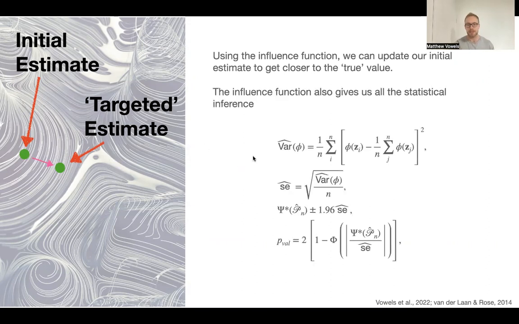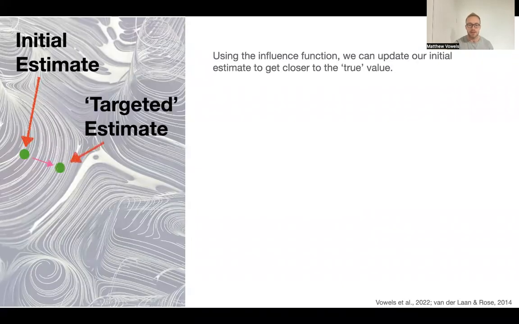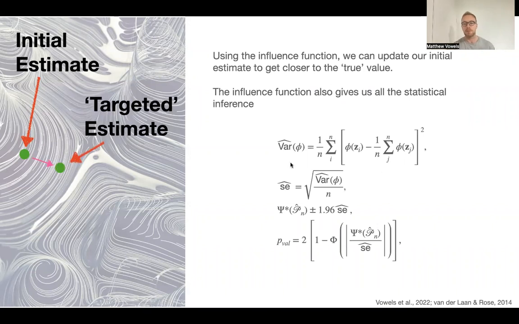And then, as I mentioned before, these quantities here enable us to actually compute the variance around the estimate. So once we've got that influence function and we plug in our values, we can also use it to compute the variance. And that variance is the variance around our estimate for our estimand. We can use that to compute standard errors. This is the same equation that we saw before.